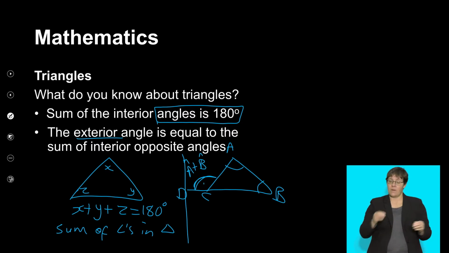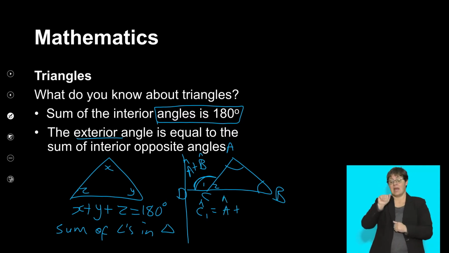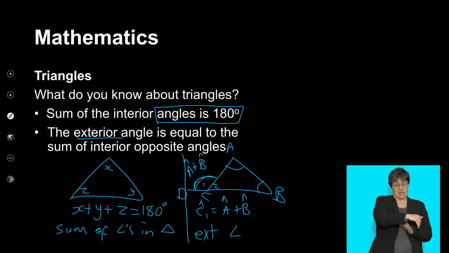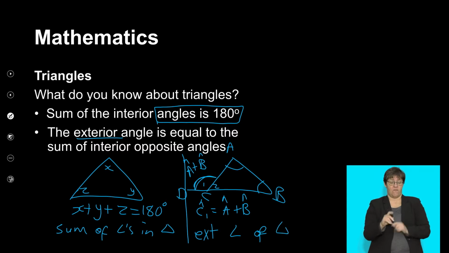So meaning I will say C1 and C2 there. So C1 will be equal to A plus B, and then my reason for that will be exterior angle of a triangle. Just short like this, you don't need to write full words, please. This is how we do our geometry.